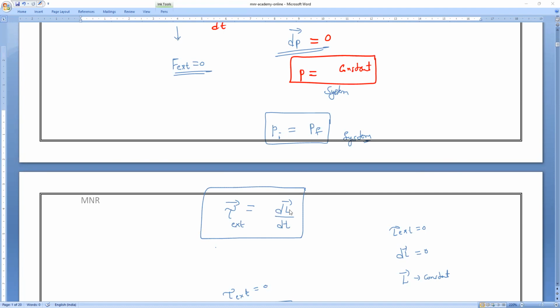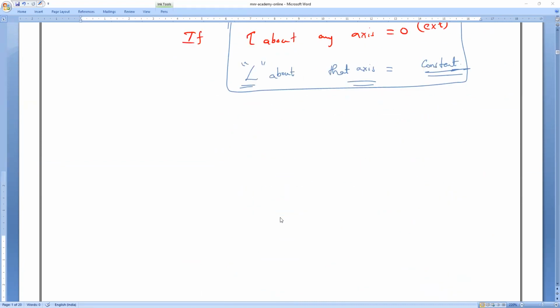So let us make the proof now. It is according to which law? Newton's second law. So let us make the proof so that you all will understand. Keep writing, everybody. Proof. We all know, what is the second formula of angular momentum?